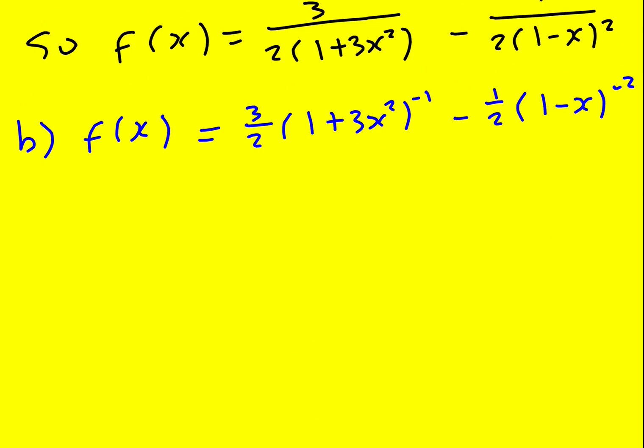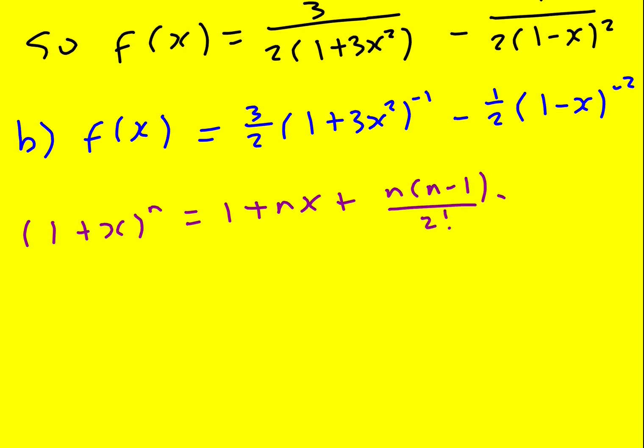So let's just remind ourselves, we've got that 1 plus x to the n is 1 plus nx plus n minus 1 over 2 factorial x squared, and then you just keep following this pattern. It's not too bad to remember this.